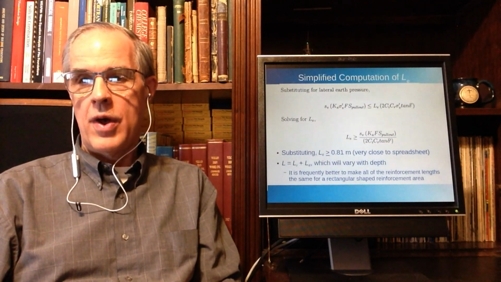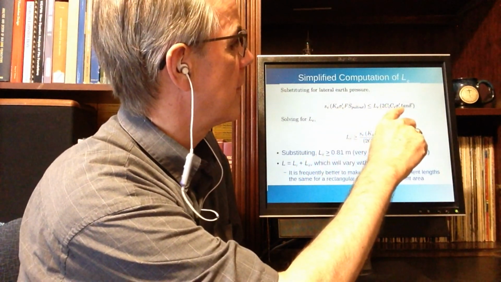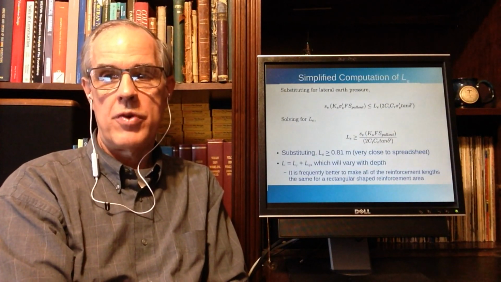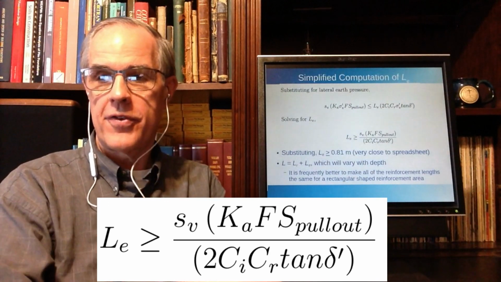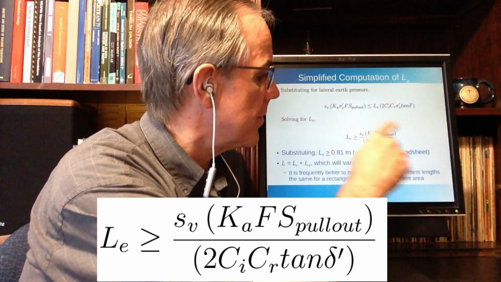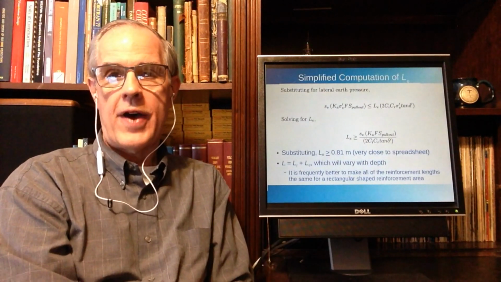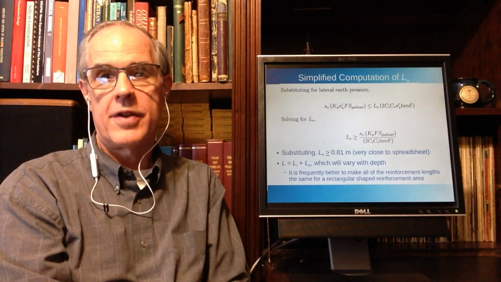Note that the vertical stresses on the left-hand side and the right-hand side cancel each other out. With one single uniform spacing SV, I can solve for LE with an explicit equation. If I substitute, I get 0.81 meters, which is virtually identical to the spreadsheet.